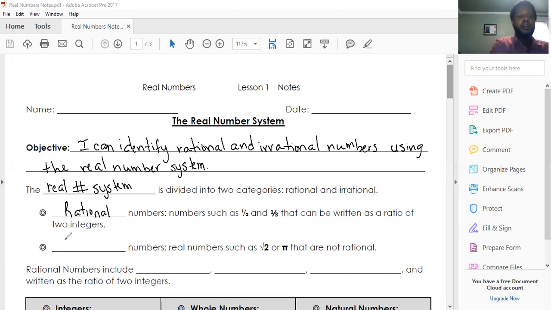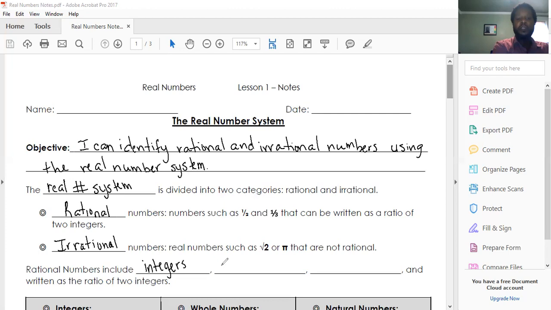Okay, and the other category are irrational numbers. Okay, so rational means that I can write it as a ratio, or I can write it as a fraction. Irrational means that I cannot write it as a ratio, or I cannot write it as a fraction. Okay, so our rational numbers include numbers that are integers, and we'll go over what an integer is in a second.